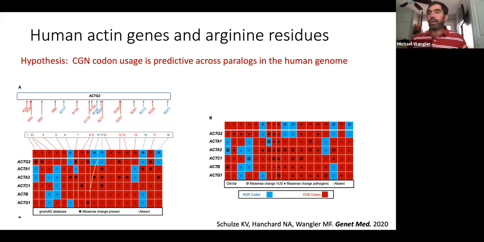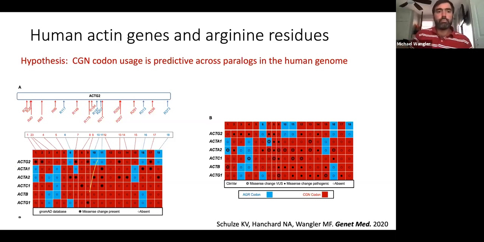Is there a disease-causing mutation in that position that's known or not? And we can also look, of course, at a database like gnomAD and just say, is there, you know, individuals carrying around variants in a population not selected for single gene disorders.